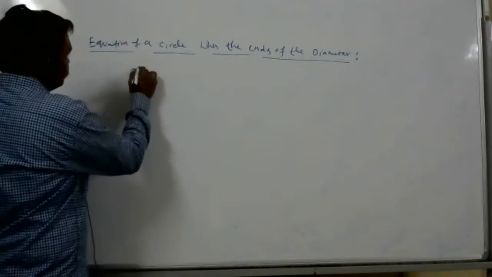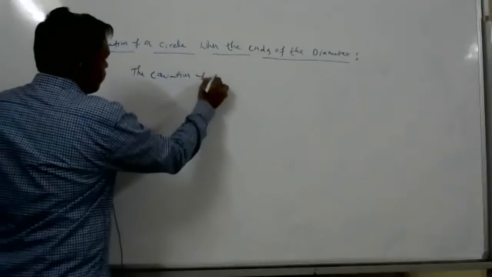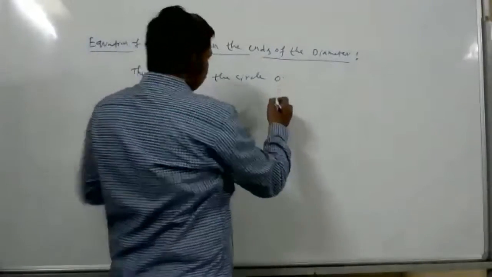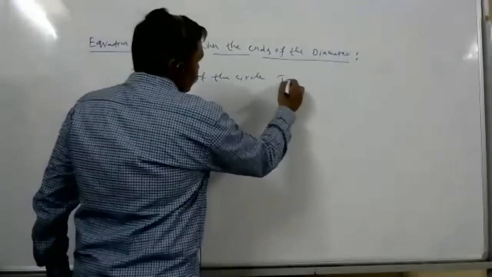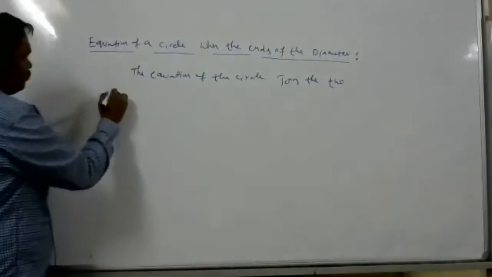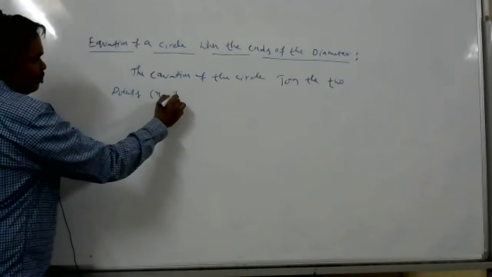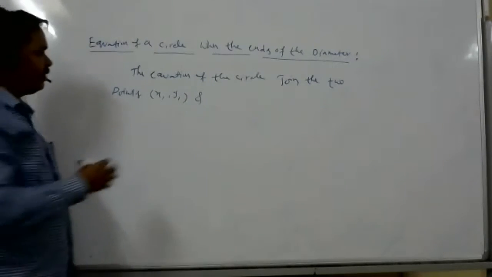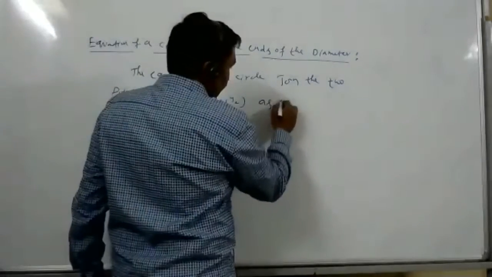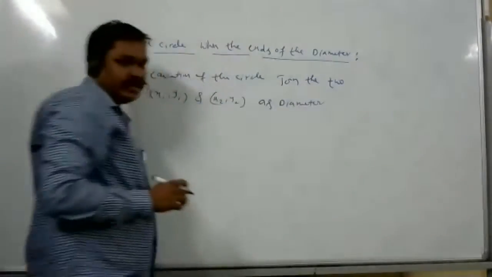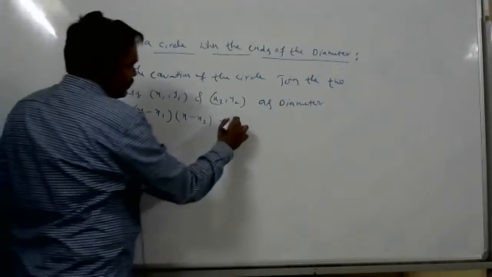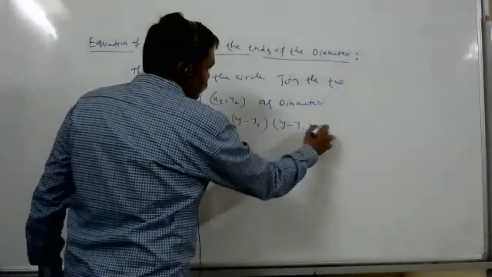The equation of the circle joining the 2 points x1 y1 and x2 y2 as diameter is x minus x1 into x minus x2 plus y minus y1 into y minus y2 is equal to 0.